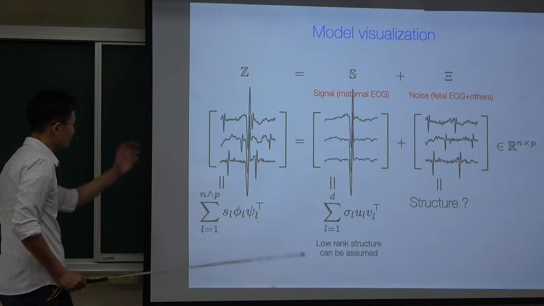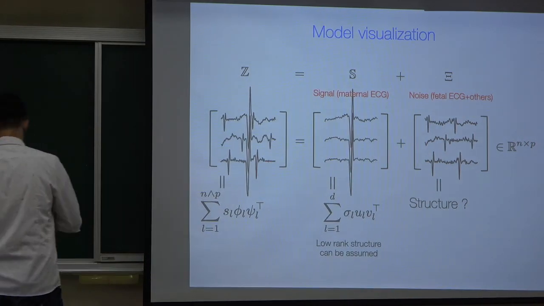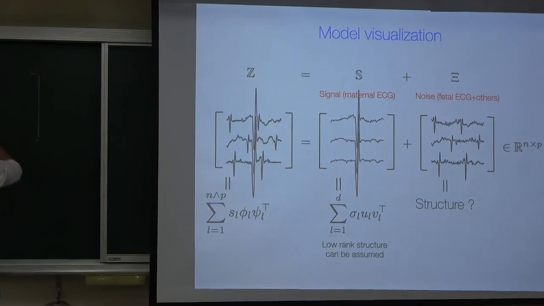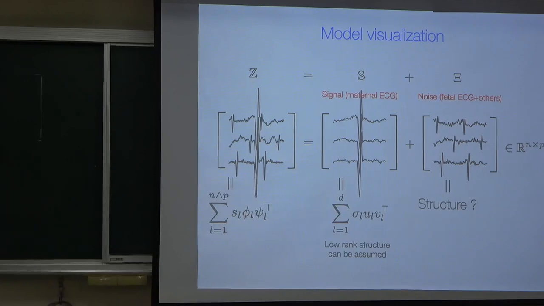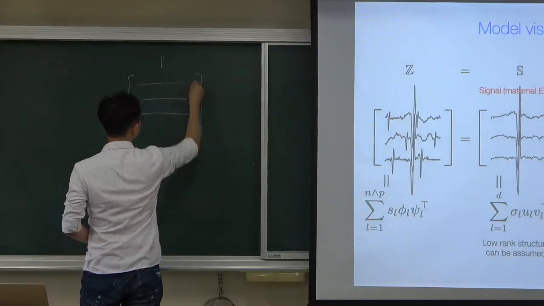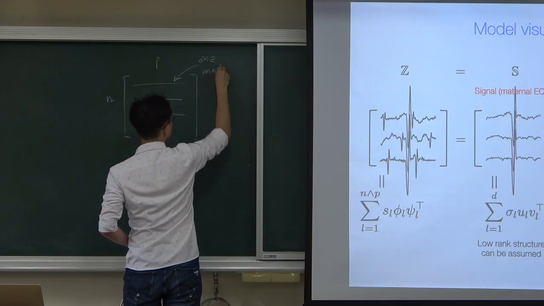Now if you take a look, this Z matrix we can write as N by P, and each row indicates one maternal cycle.